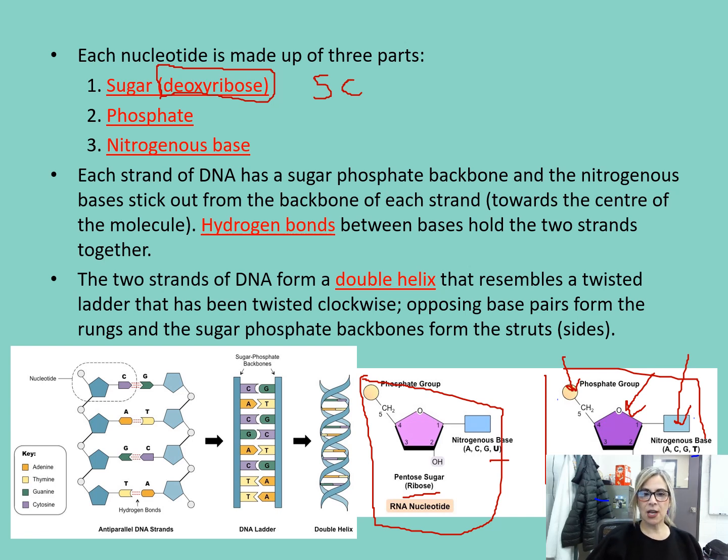So the important takeaway here is when we talk about the building blocks of DNA, it is the nucleotide, which consists of those 3 parts: the sugar, the phosphate, and the nitrogenous base. Now, remember when we talk about the building blocks, that's what we call the monomer. So that word monomer is in our program of study.